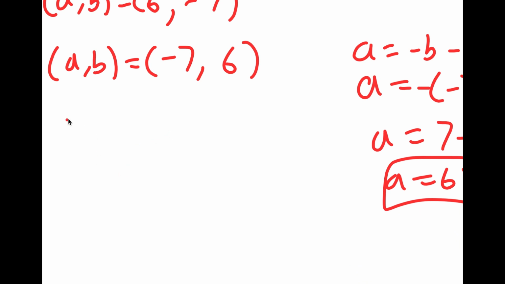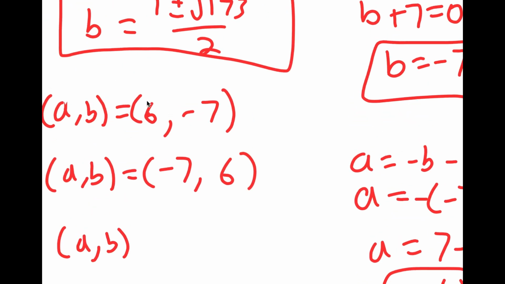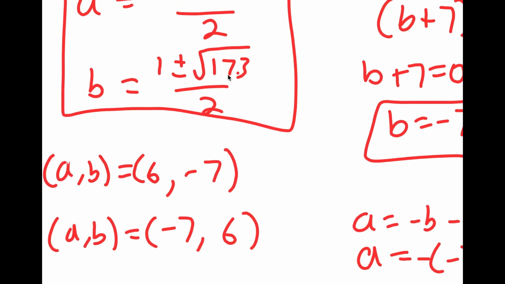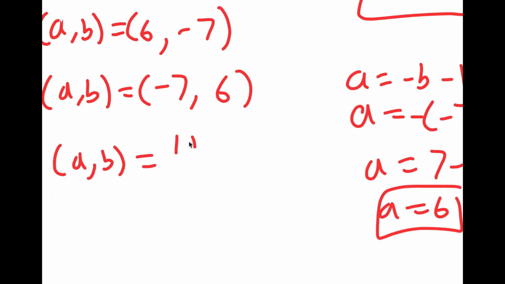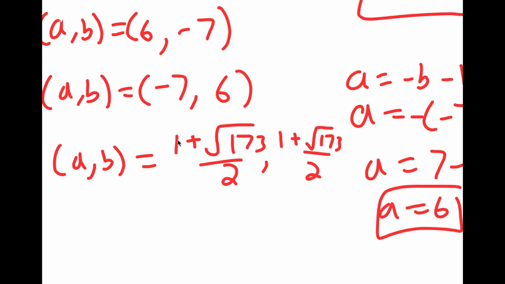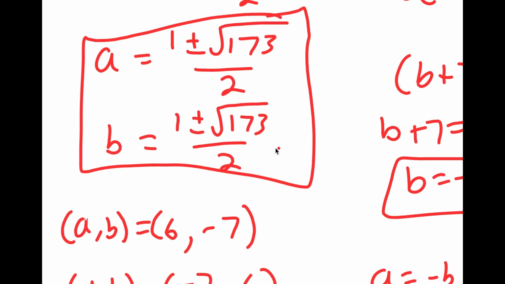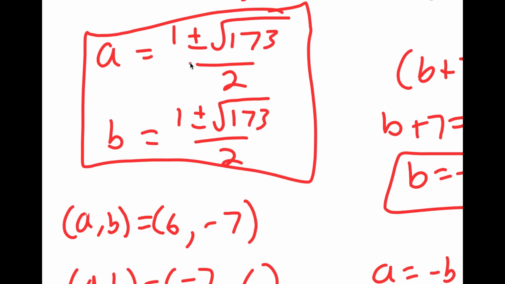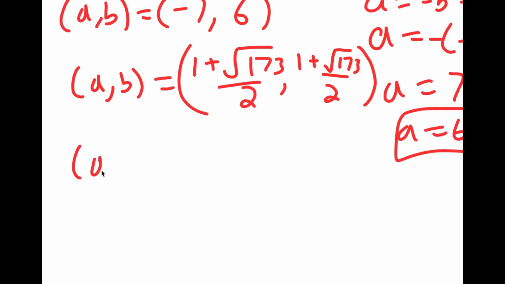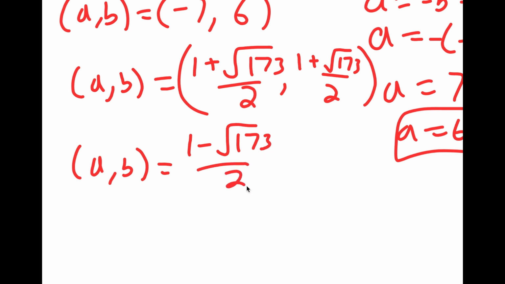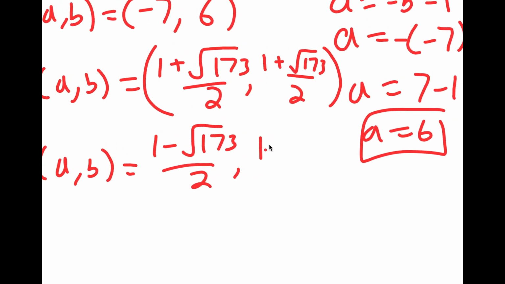Our third solution is a equaling 1 plus the square root of 173 over 2, and b equaling the same thing. And finally, we still have the negative part, so we have a equaling 1 minus the square root of 173 over 2, and same with b. b equals 1 minus the square root of 173 over 2.